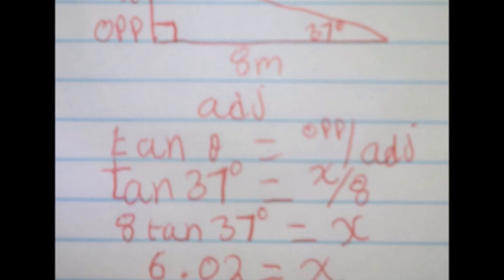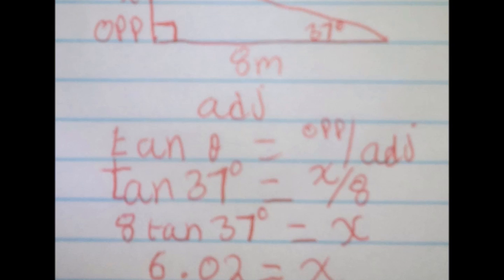In this example, we're going to be looking at how to solve for x. In order to solve for x, we need to find the formula that gives us a known measurement and the x. In this case, a formula that works is tangent, which is equal to opposite over adjacent. So tan 37 is equal to x over 8.